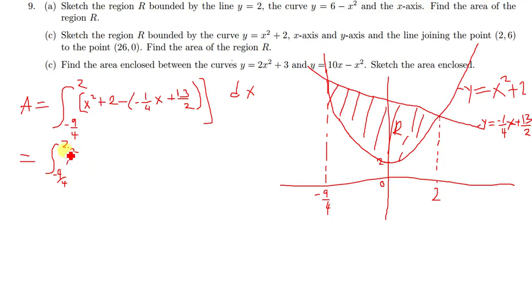When you subtract 2 minus 13 over 2, you get negative 9 over 2. And then let me also subtract this. We have 0x there minus negative 1 over 4x, so it's just going to give us positive 1 over 4x.